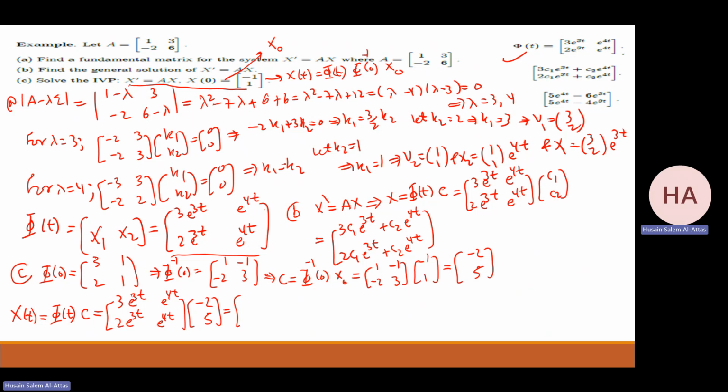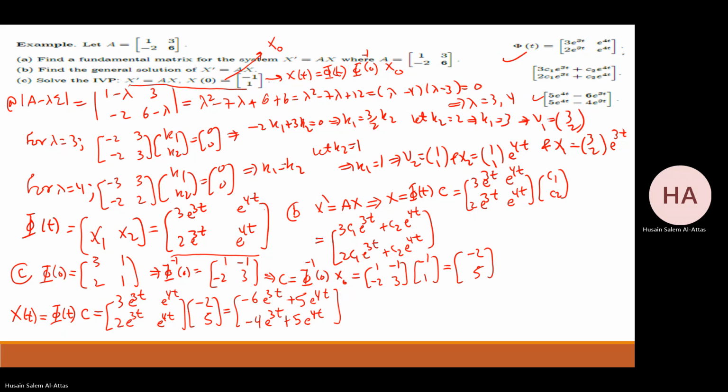That gives me minus 6 e^(3t) plus 5 e^(4t), and this one minus 4 e^(3t) plus 5 e^(4t), which is exactly this one.